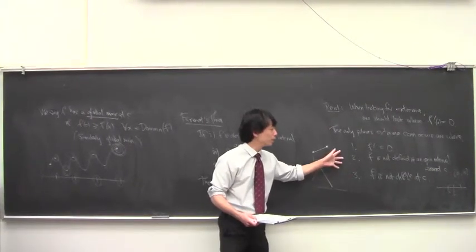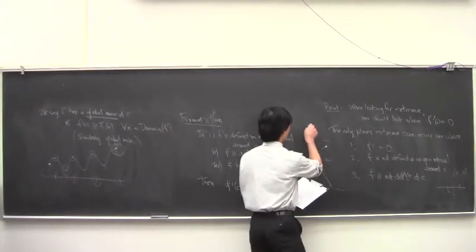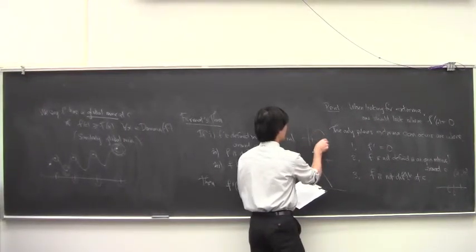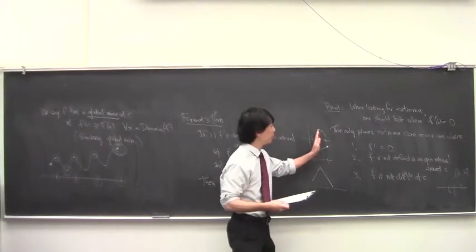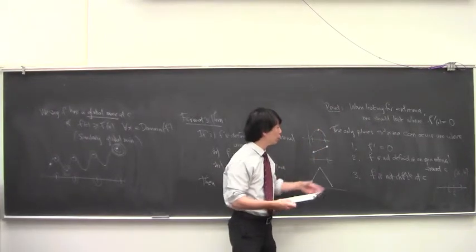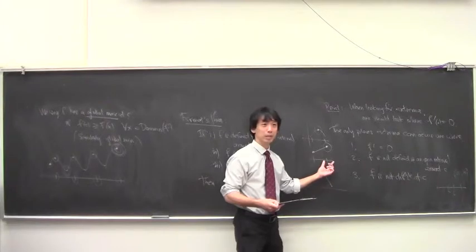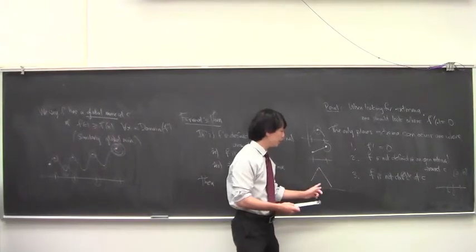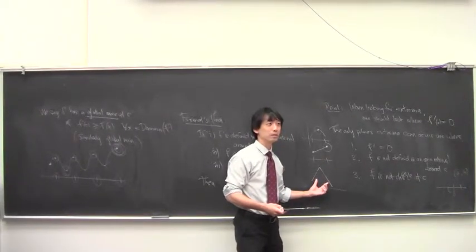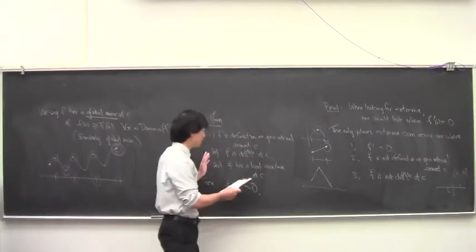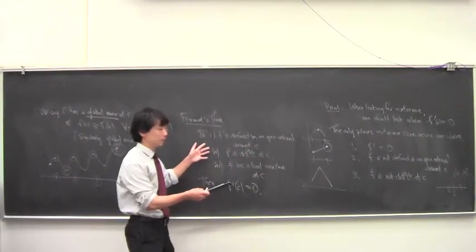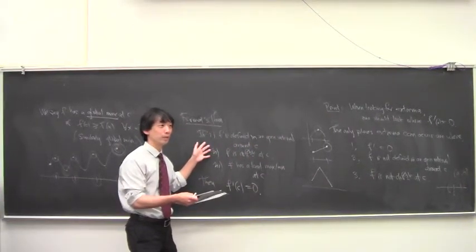Okay, so these are the only three kinds of things that can happen, right? Either your function is differentiable out there and the derivative is 0, or you're at an endpoint, or you're at some place where the derivative doesn't exist. Okay, so this is what Fermat's theorem tells you.